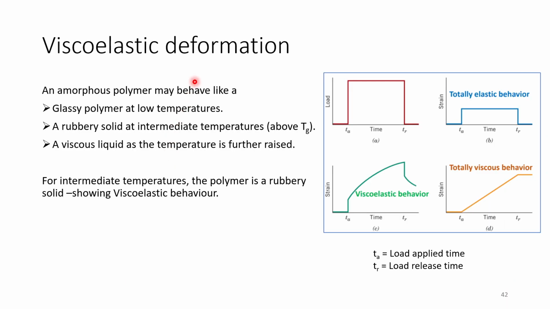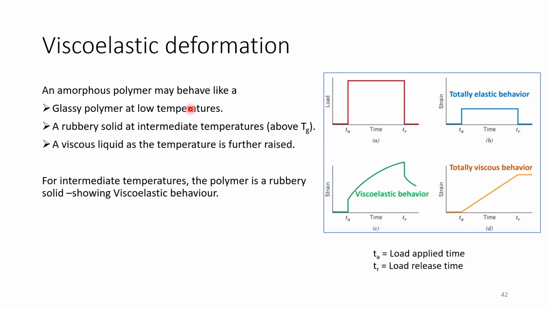Next is viscoelastic deformation. In case of an amorphous polymer, it may behave like a glassy polymer at low temperatures, a rubbery solid at intermediate temperature about Tg, and a viscous liquid as the temperature is further raised.